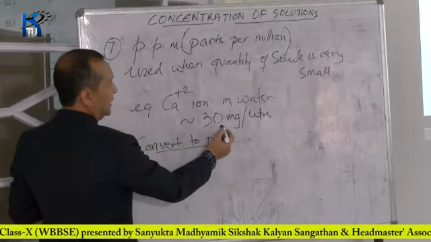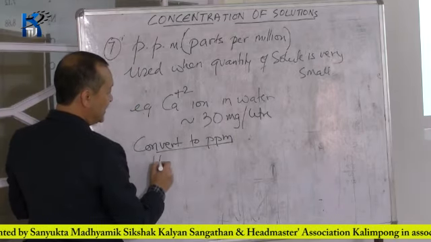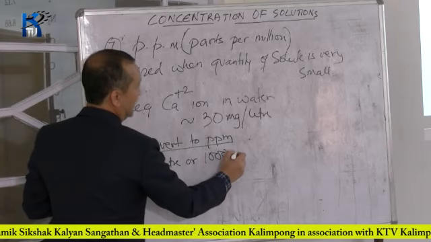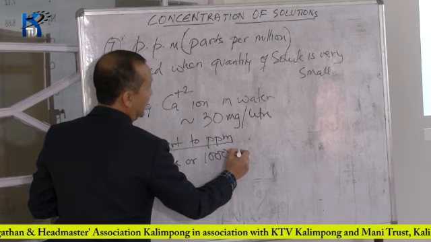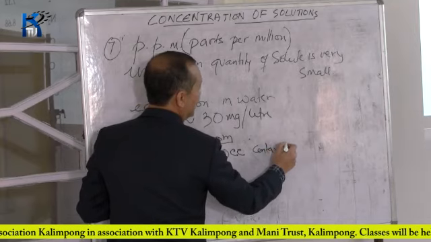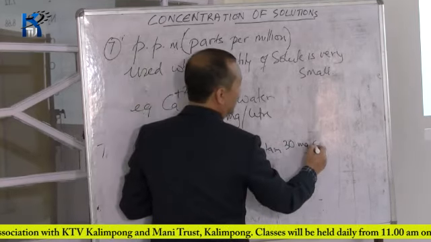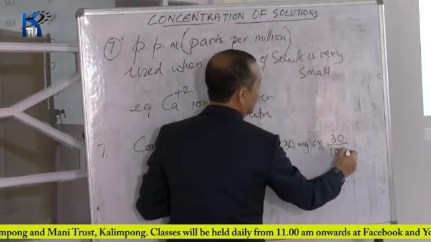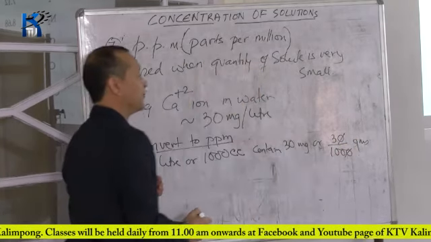You can see this is 30 mg per liter, that means 1 liter or 1000 cc contains 30 mg, or 30 mg means 30 divided by 1000 grams.